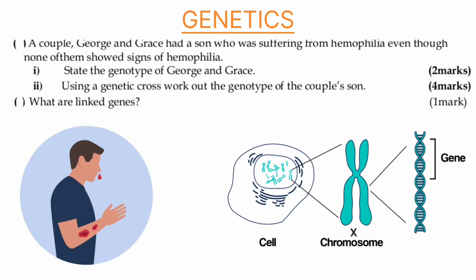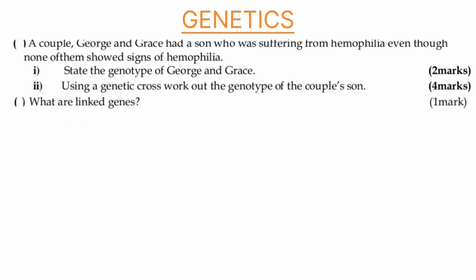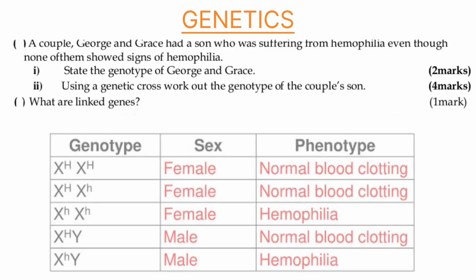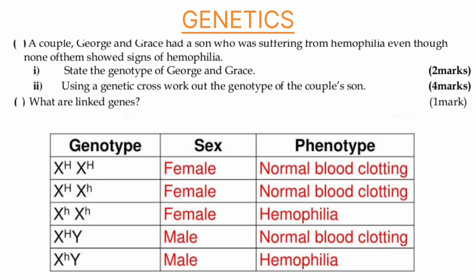Another thing that I would like you to note is this. Males are more frequently affected than females because males only have 1 X chromosome. So if they inherit the recessive allele on that X chromosome, that's it. They have this disorder. Females are luckier because they have 2 X chromosomes.